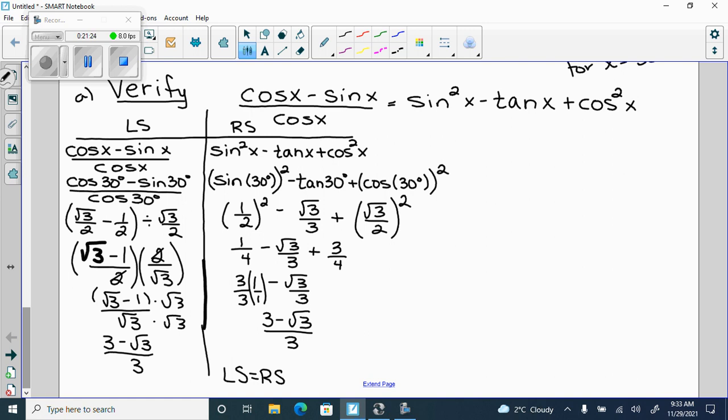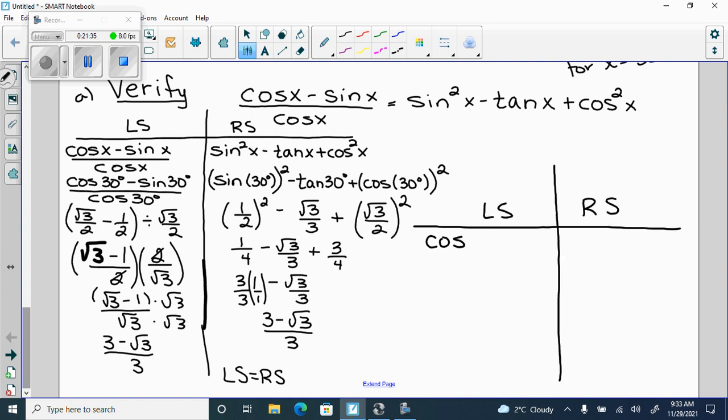Okay, I'm going to do the proof over here just because I have space. I'm going to do the proof the way I think you're going to do the proof, and then I'm going to do the proof the easier way. So we have cos x minus sine x over cos x. And then remember, you're trying to prove that, so you can't start working at it on the first step. The first step is to rewrite sine squared x minus tan x plus cos squared x.